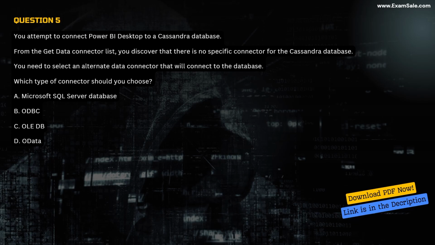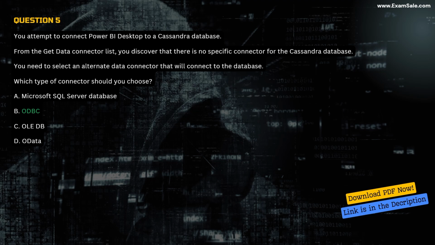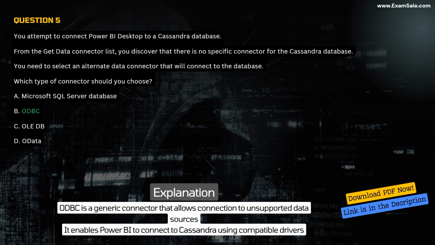B. ODBC. C. OLEDB. D. OData. Correct answer B. ODBC. Explanation. ODBC is a generic connector that allows connection to unsupported data sources. It enables Power BI to connect to Cassandra using compatible drivers.